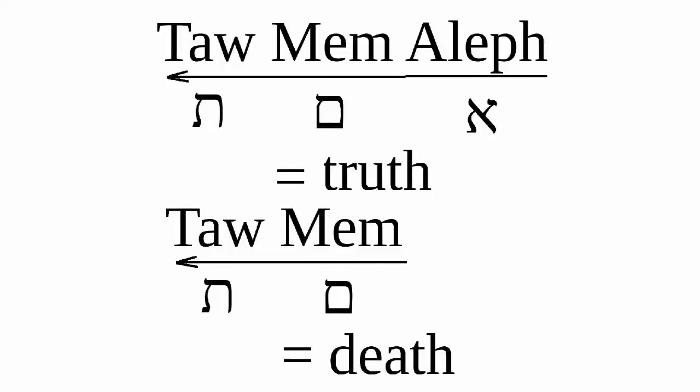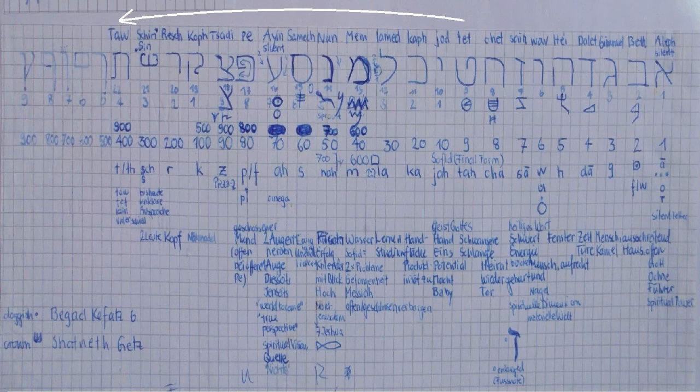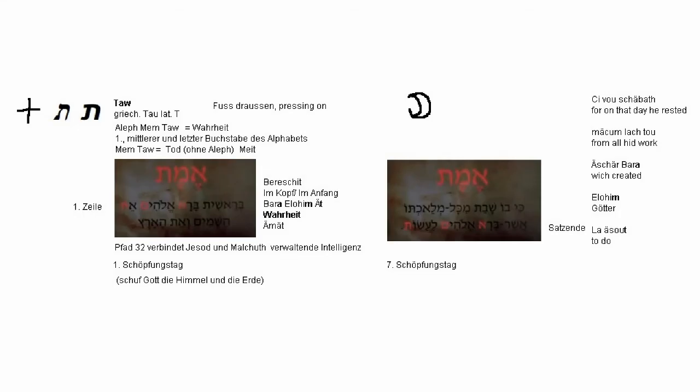I'm just talking about the last Tav, but the Aleph, the Mem in the middle, and this last Tav in the row here means Wahrheit, truth. But if Aleph, God, the first letter of the Hebrew alphabet, isn't in that row, then it means death.